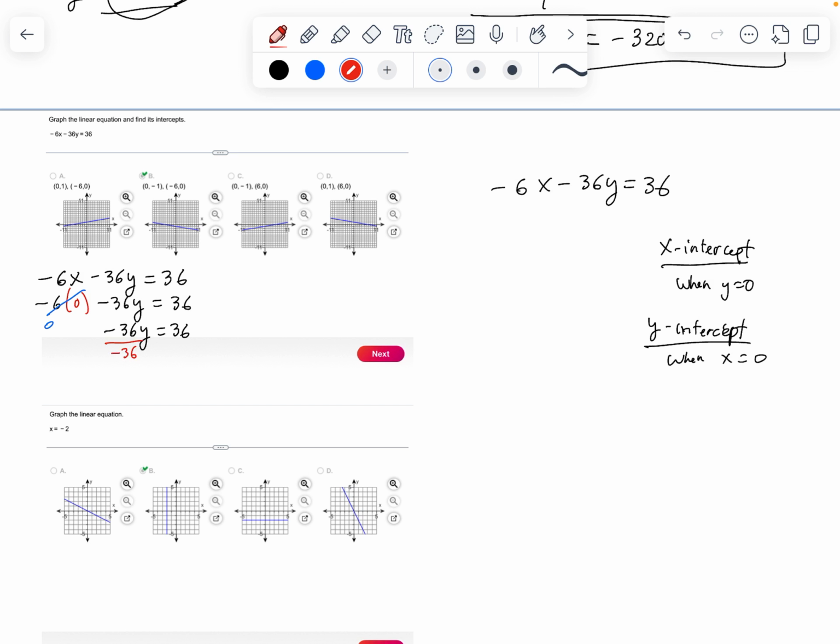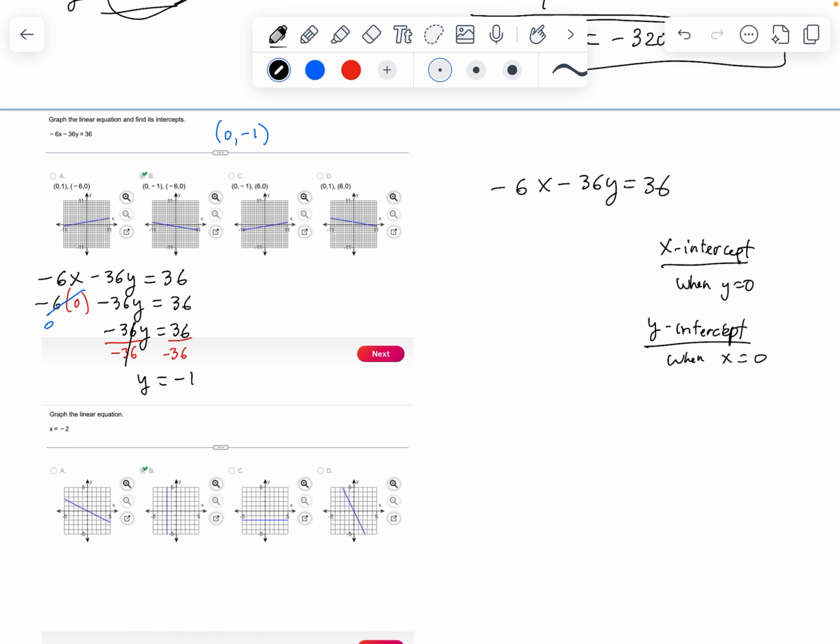We divide this by negative 36 to leave y alone. We have y equals to negative 1. That makes our first coordinate: when x equals 0, y equals negative 1.